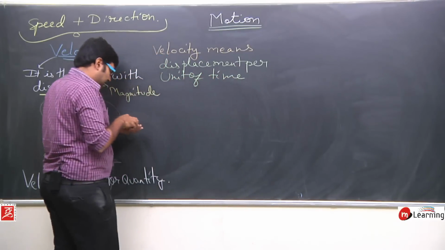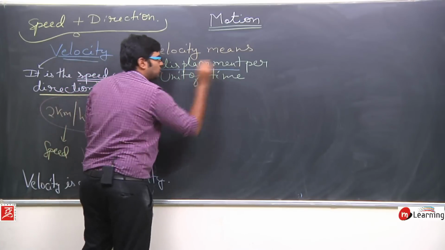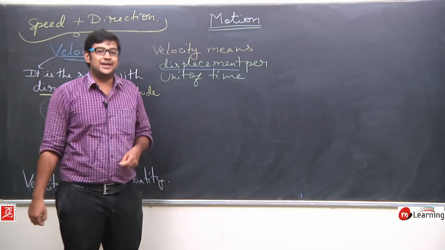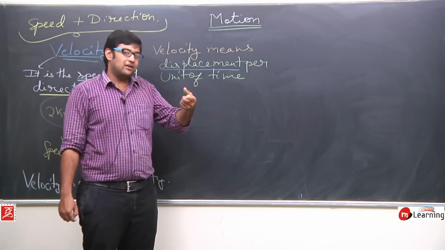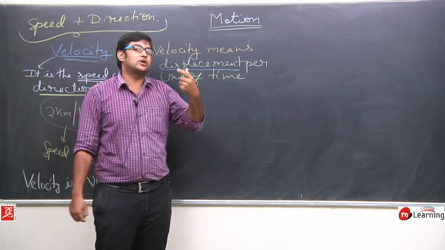Recall the definition of speed: speed means distance per unit of time. Since it is velocity, velocity means displacement per unit of time.